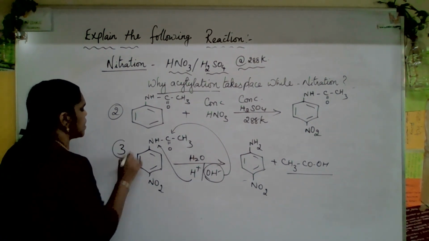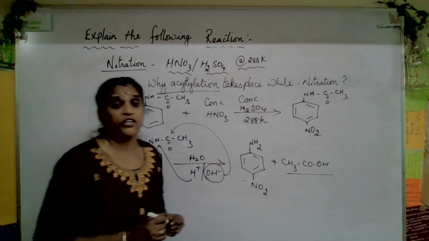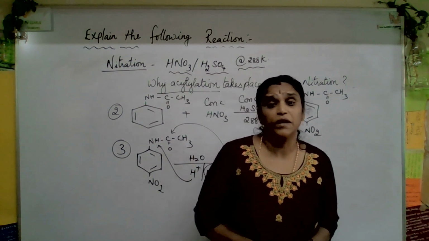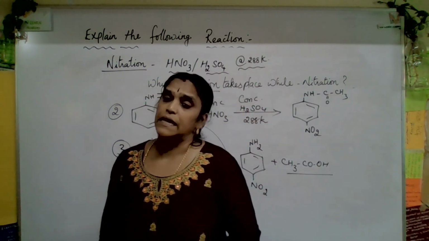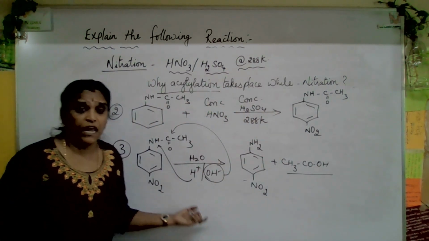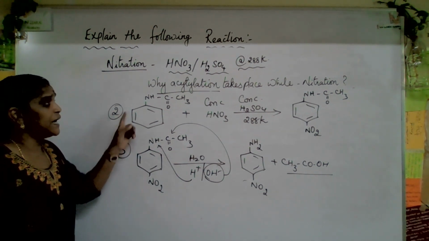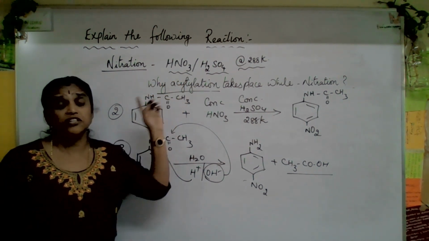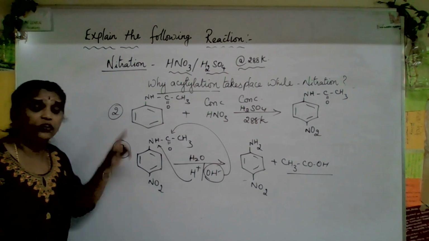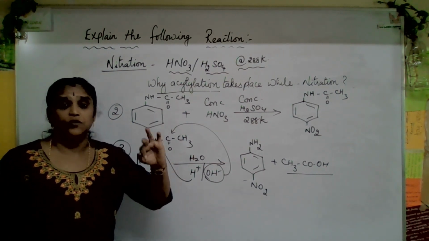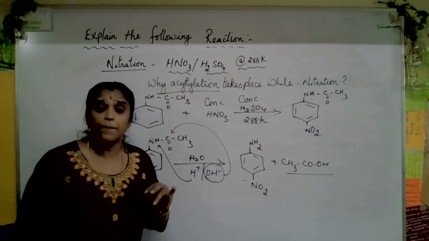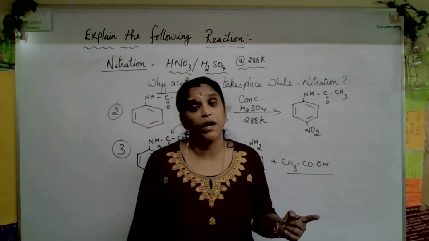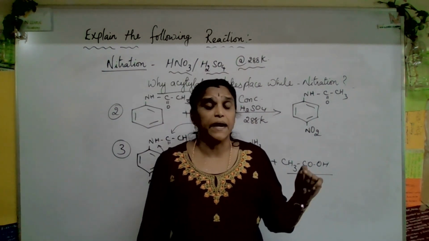This is a 3 mark question for nitration. How do we get the nitro derivative from aniline? This is a very important question. Hope you're clear with this point of nitration. These are the three steps. First step, aniline combined with acetic anhydride, you get the acetamide of aniline.